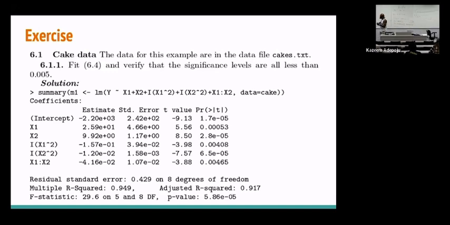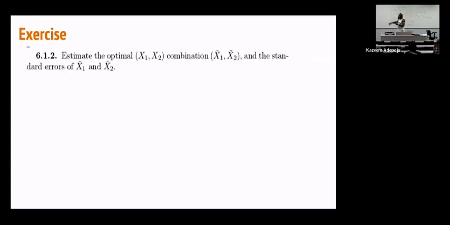The only thing it tells us is that baking time has a relationship to the output, and the temperature also has. But if I want to estimate the optimal baking time and the optimal temperature that I'm going to set, and when I figure out the optimal value I need a standard error for it because I may want to test hypotheses about that.